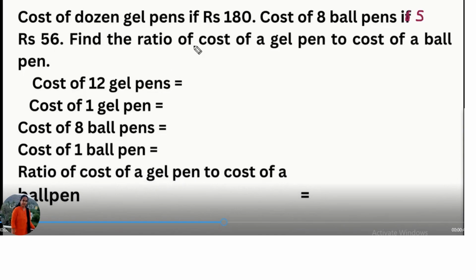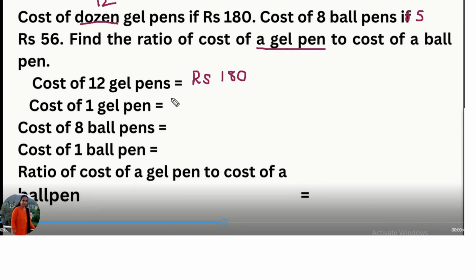Find the ratio of cost of a gel pen to cost of a ball pen. Okay. So they gave 12 gel pens cost, that is dozen. Dozen means 12. Okay. So they gave cost of a dozen gel pens is 180. We have to find the cost of one gel pen because there was the ratio of cost of a gel pen.